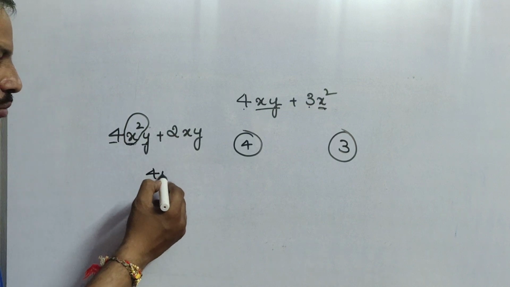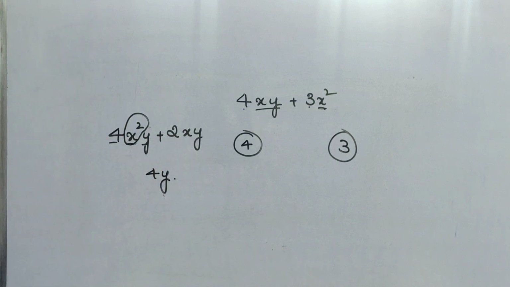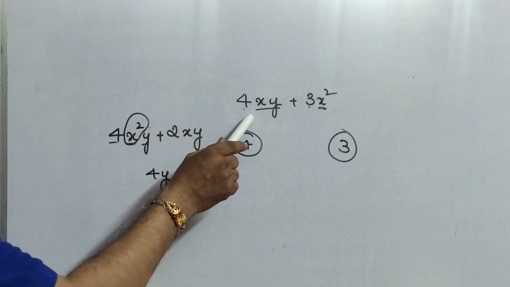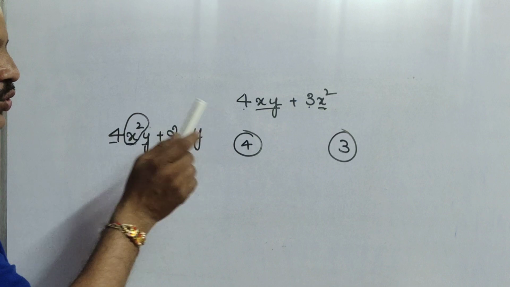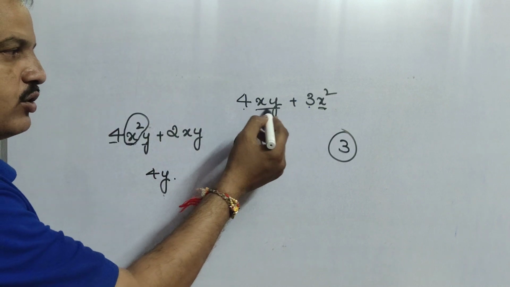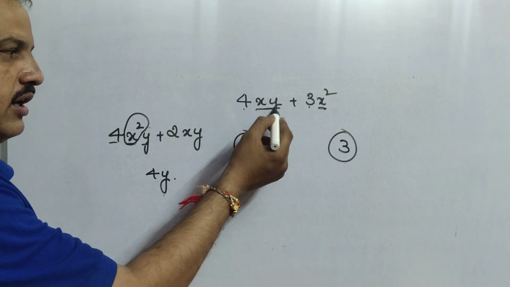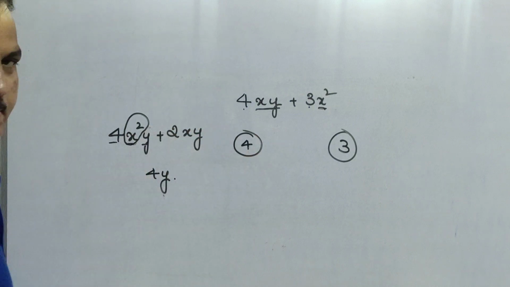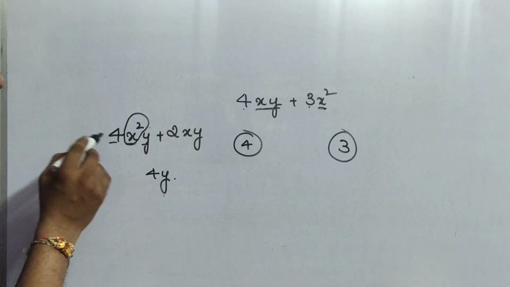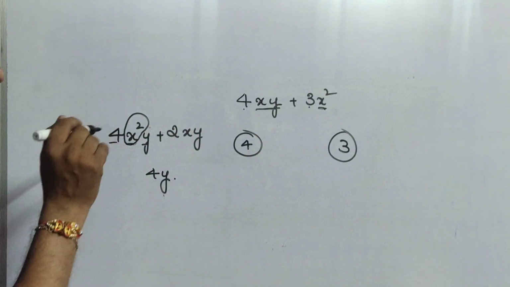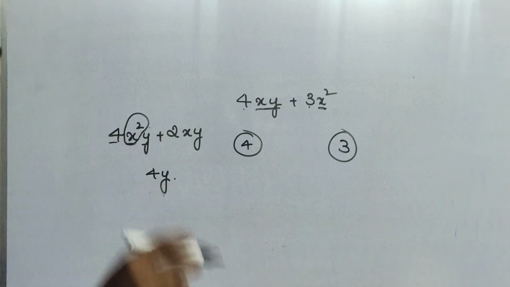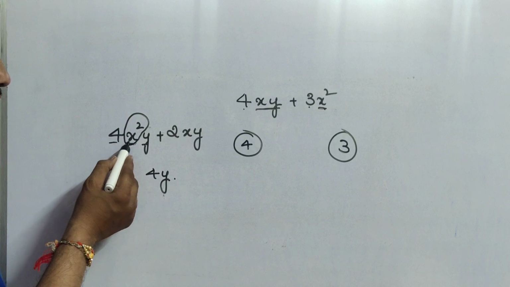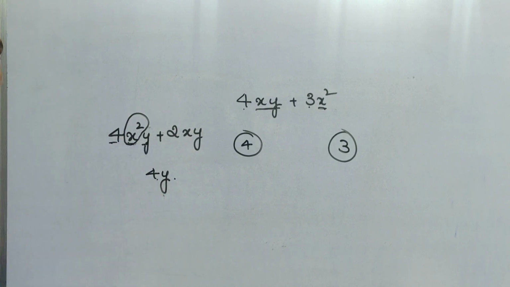So 4y will be the coefficient. Clearly understood? What is the difference from here to here? He asked the coefficient of xy, which means you left xy and wrote the remaining. Here, whenever he asks the coefficient of a particular term, 4x square y is there, he asked the coefficient of x square, so you leave x square and write the remaining, 4y.